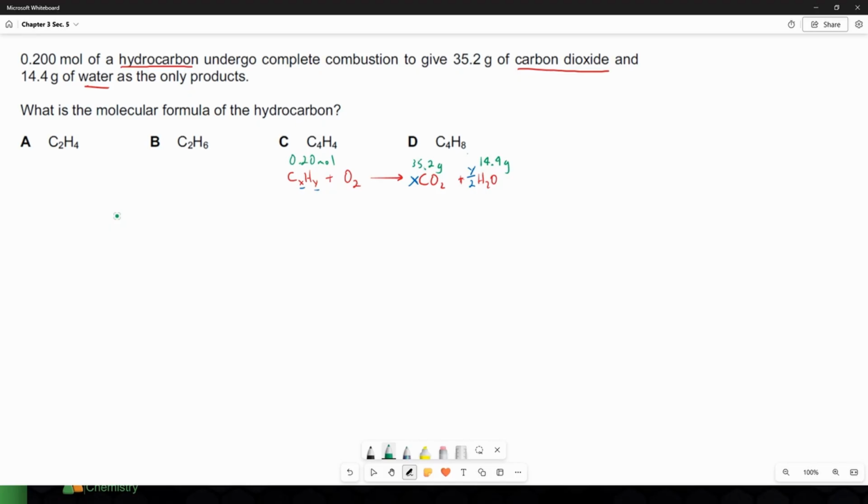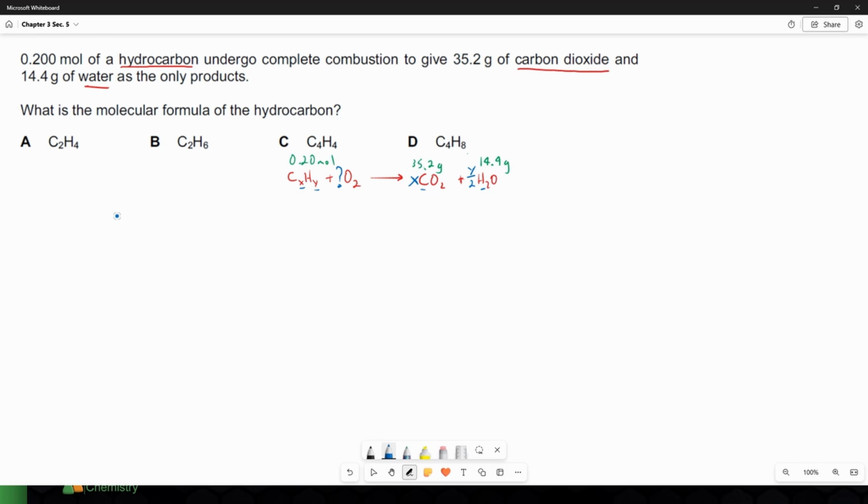We can't look at oxygen, because this oxygen is going to be some amount. We should have a coefficient here, but we don't know what the coefficient is because both carbon dioxide and water have oxygen in them. So we're going to focus on the carbon and the hydrogen in order to solve our problem.